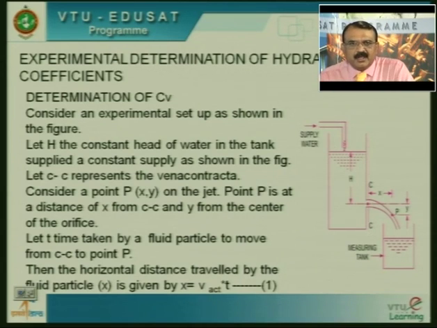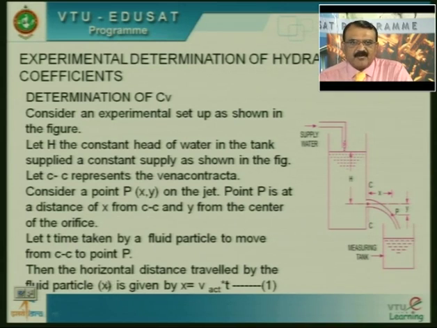Now, let T be the time taken by the fluid particle to move from this Cc to this point P. Then, what is the horizontal distance covered by this fluid particle?